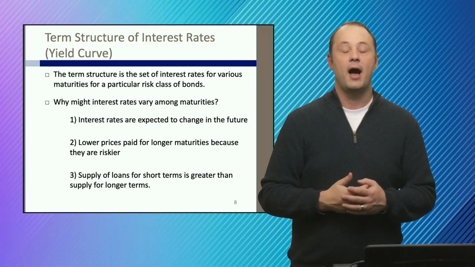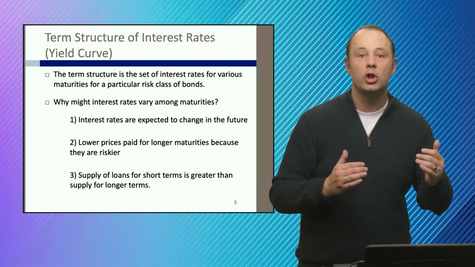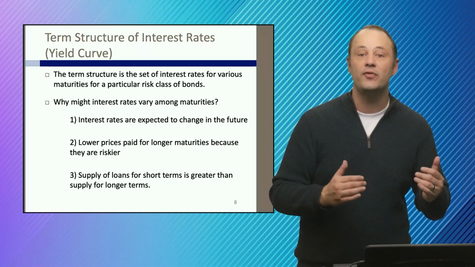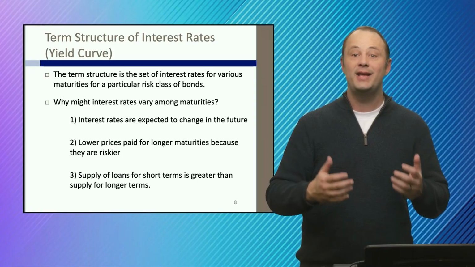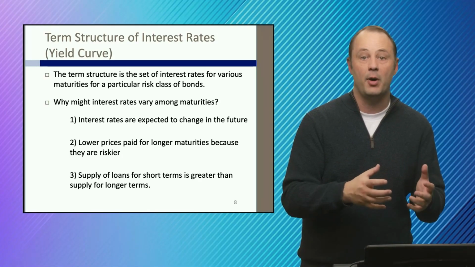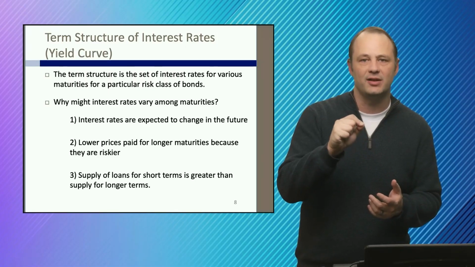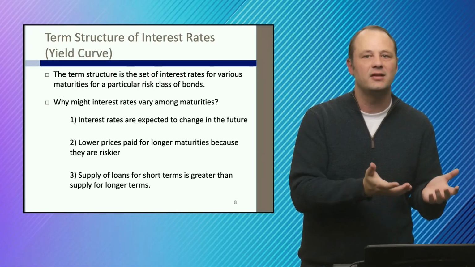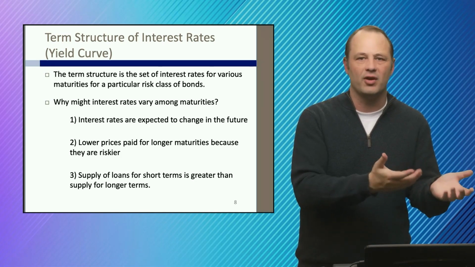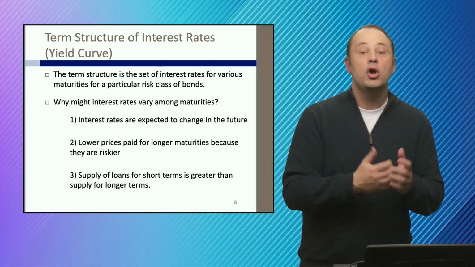Okay? You can get lower prices for longer maturities because they are viewed as riskier from an interest rate point of view. So for example, imagine a short-term bond, a bond that matures in 6 months. If the interest rate changes a little bit, it's not going to affect that single cash flow that you're going to get in 6 months. It's going to have a very small effect on it.